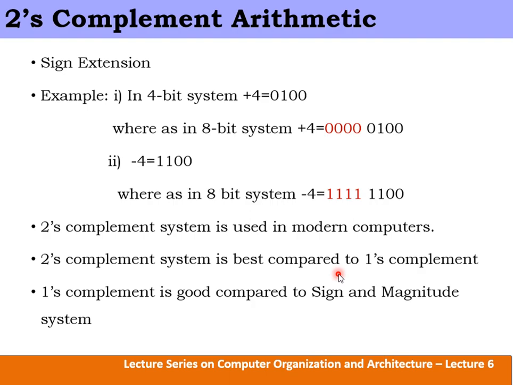Therefore most of the time either we go for 2's complement or 1's complement. So among these three systems, that is sign and magnitude, 1's complement as well as 2's complement, the 2's complement operation is the best one. Thus the 2's complement system is used in modern computers.